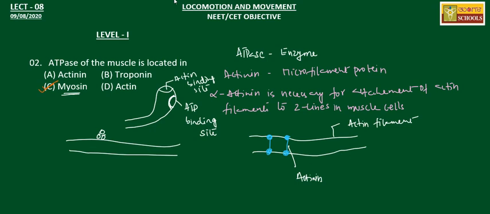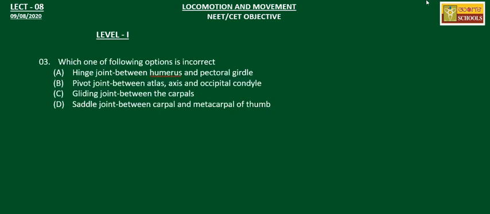Let's see the next question. Which one of the following options is incorrect? Let's see the first one, hinge joint between humerus and pectoral girdle.